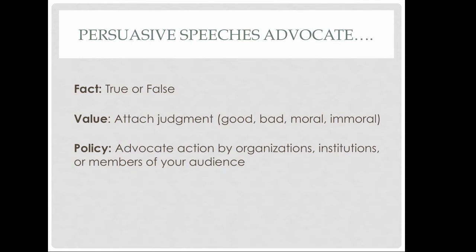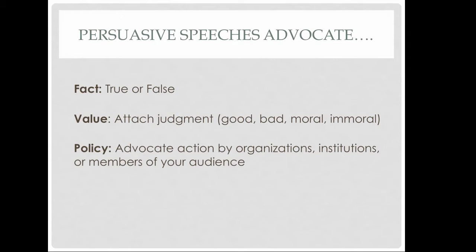So persuasive speeches advocate for ideas of fact, something being true or false; value, where they attach judgment, good, bad, moral, or immoral; or for policy. They advocate that we have action taken by organizations, institutions, or whoever you determine are members of your audience. So we want to talk to people about what's true and false.